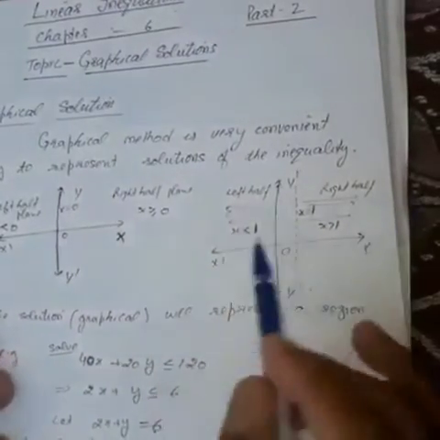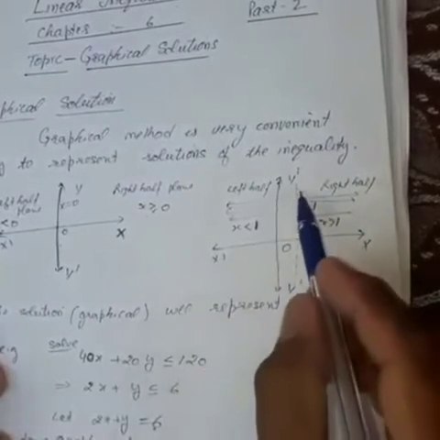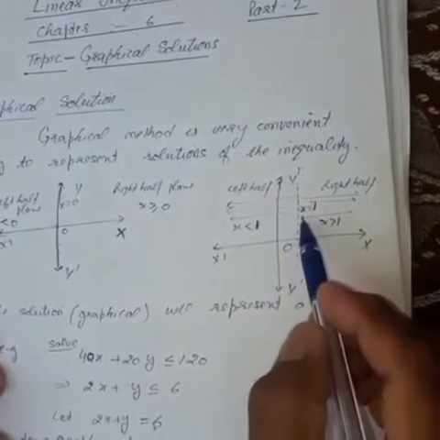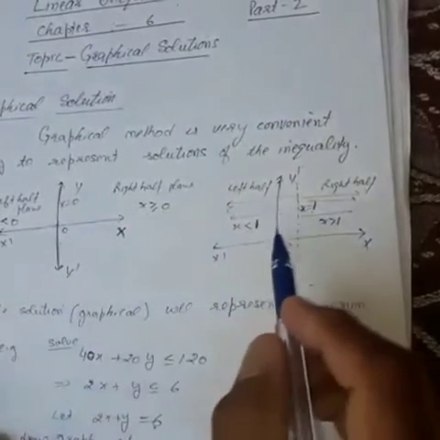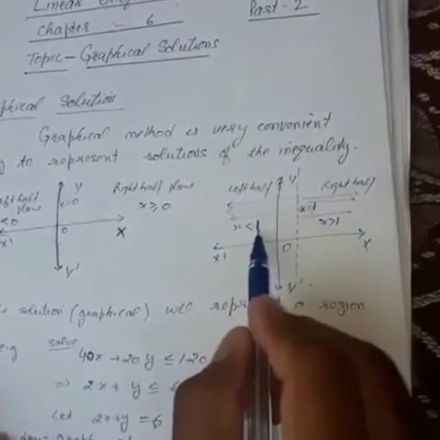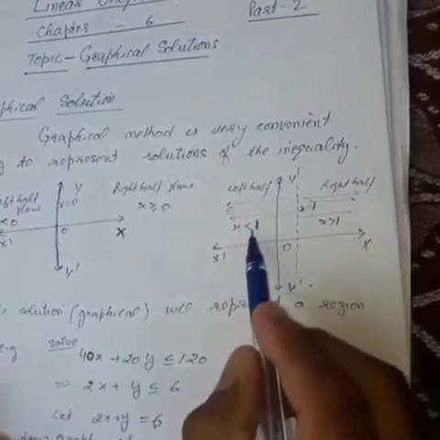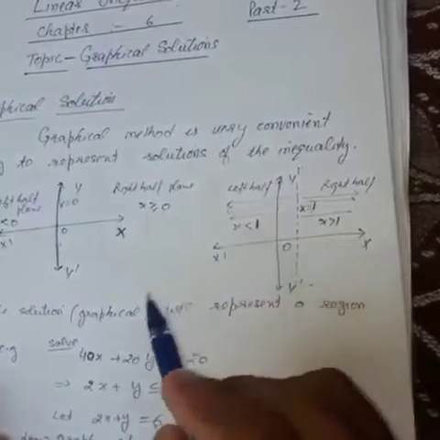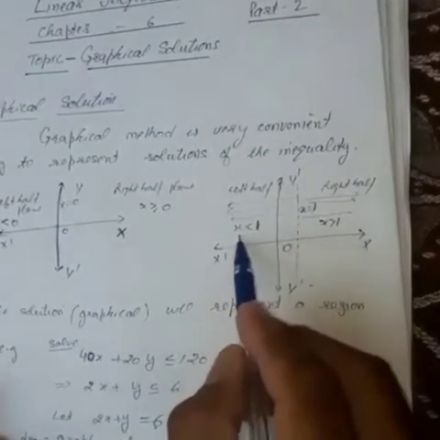Similarly, if you consider another xy plane, and this is the line for x is equal to 1. Now if we are selecting the value x less than 1, we have taken this line dotted because x is less than 1, so the value cannot be on the line, it will be on the left hand side of this line.